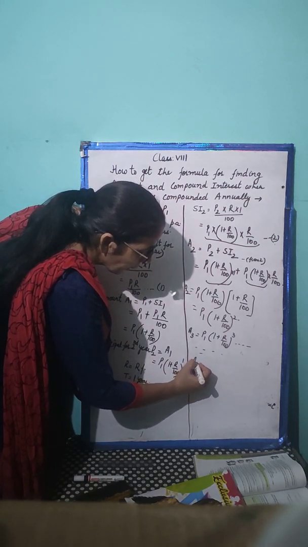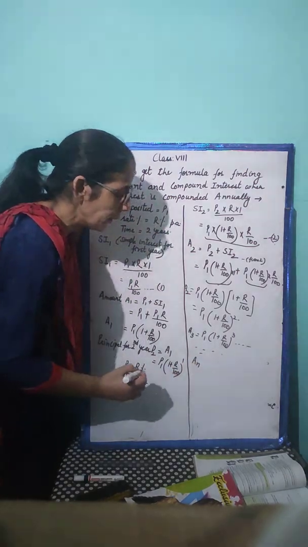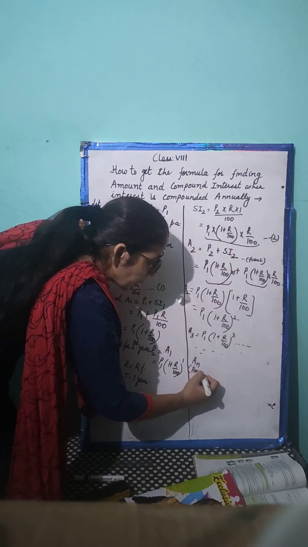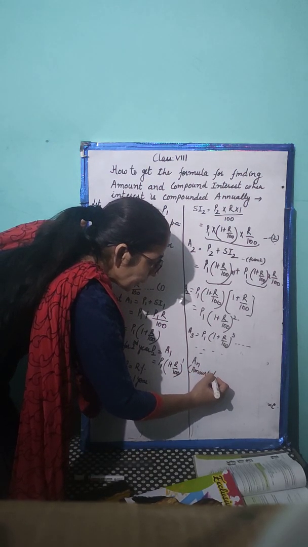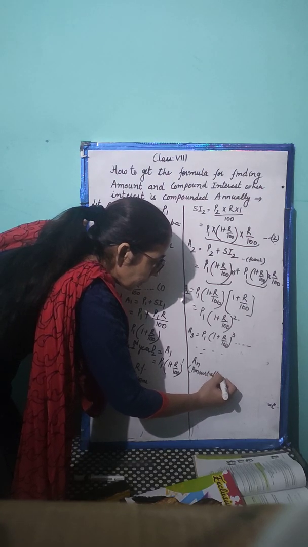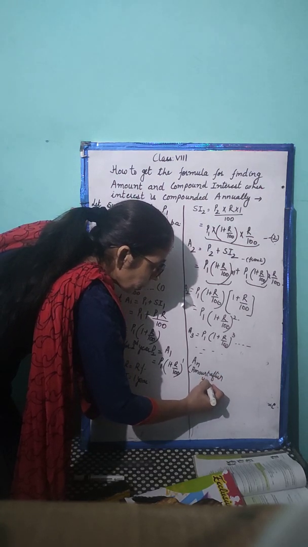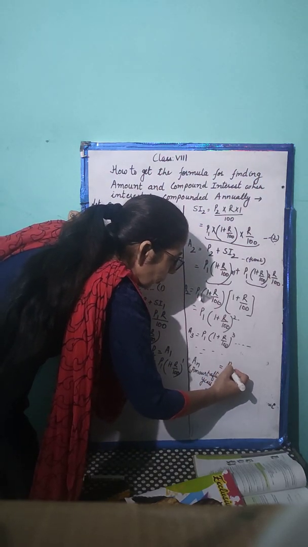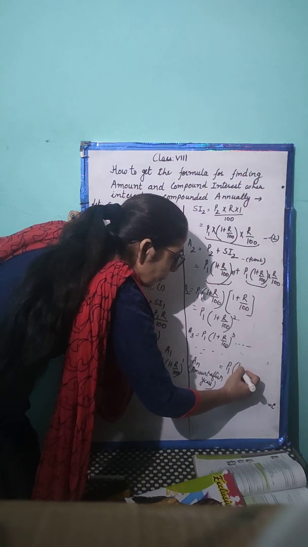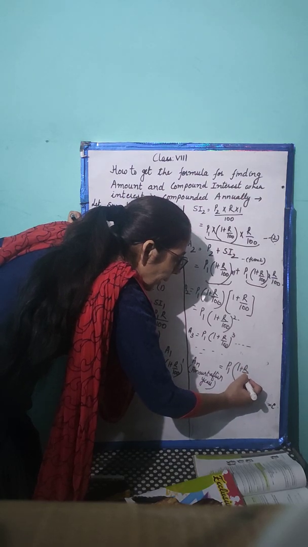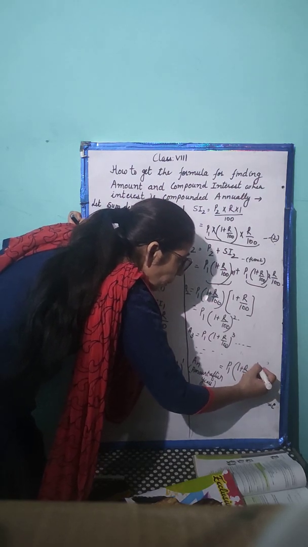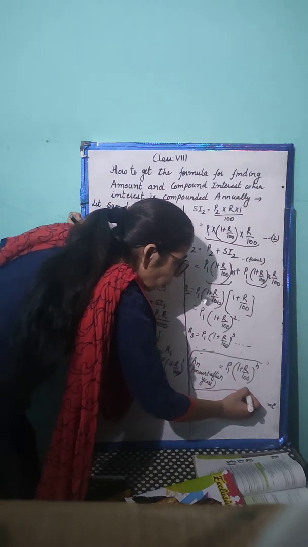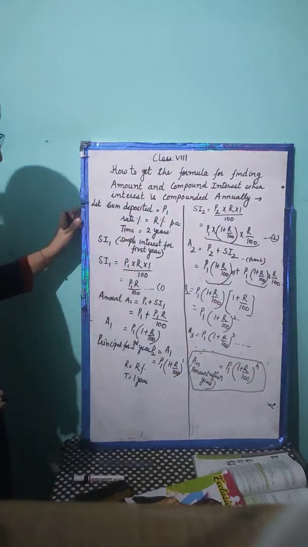We can get the amount after n years. It can be 1 year, 2 years, 3 years, whatever. That will be equal to P1 into 1 plus R by 100 raised to power n. So this is the formula for getting the amount.